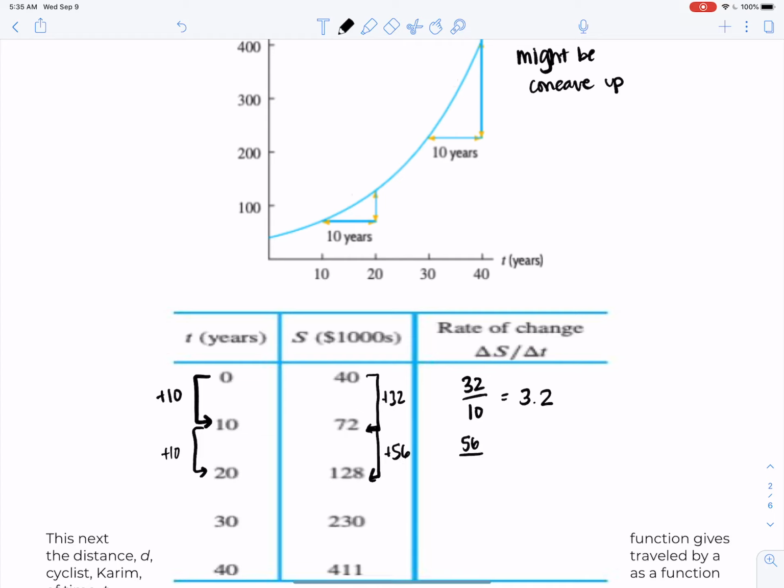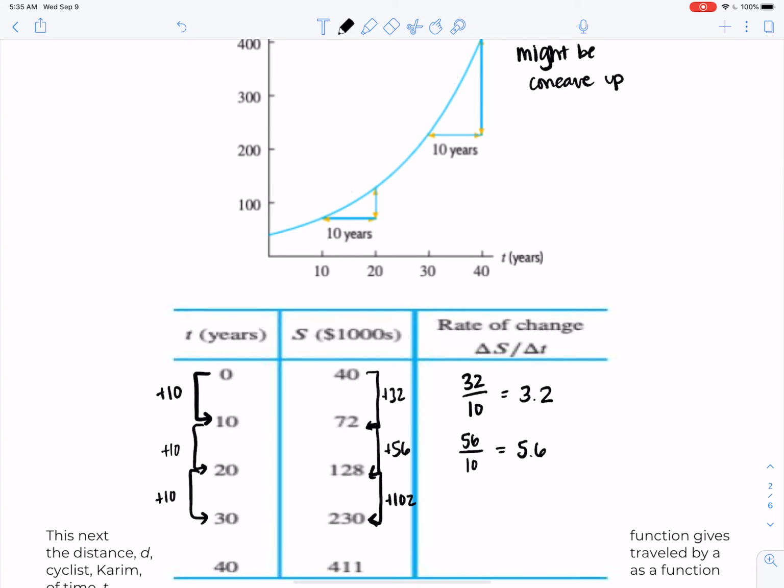So now our rate of change is 56 over 10, which is 5.6. Then again, we change by 10 years. And again, we see an increase in our change, this time by 102. So we get 102 over 10 equals 10.2. And so here I can see that as our t increases, as it goes from 0 to 10 to 20 to 30, our rate of change keeps increasing.